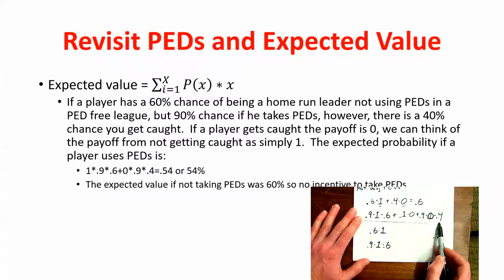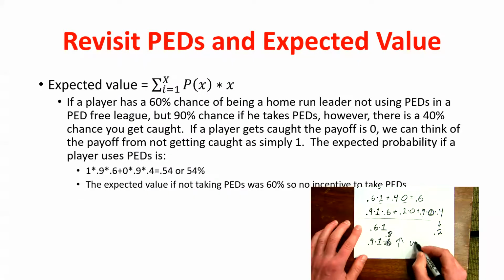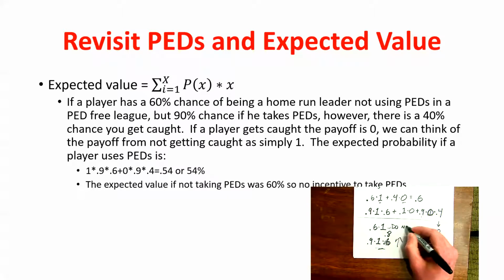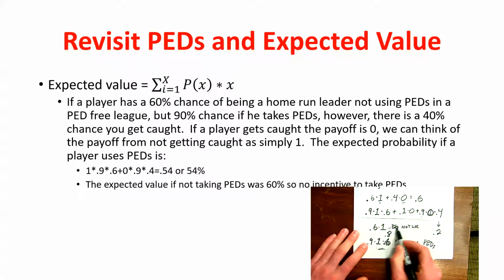Well, if the probability that I get caught is 0.2, now the probability that I don't get caught is 0.8, and that's going to increase the expected value from using PEDs. I don't know what the cutoff point is, but there's going to be some point at which, if the probability that I get caught falls low enough, the expected value from using PEDs is greater than that of not using them. Okay.